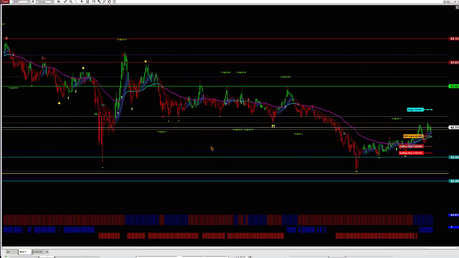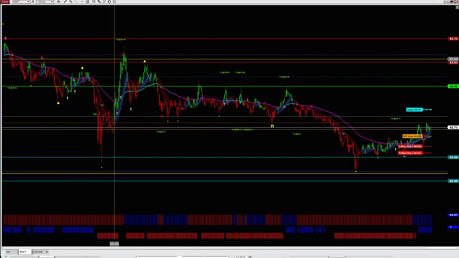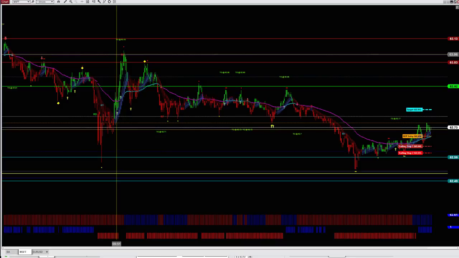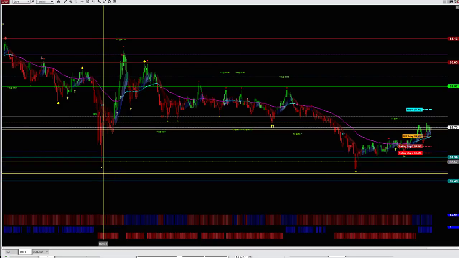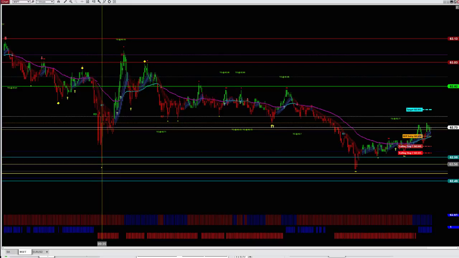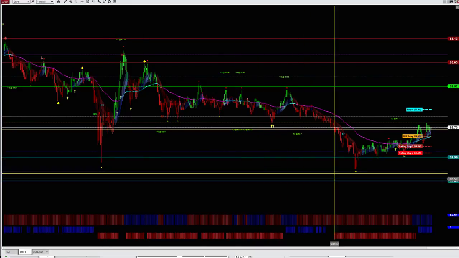But this is where this market needs to be projected. And if we are looking at this story here, we can see how that market in this area between 63.03 to 63.13 came right to the resistance line, and that resistance line was 63.03, and it got rejected from it, and then came into that area and got rejected from 62.56.